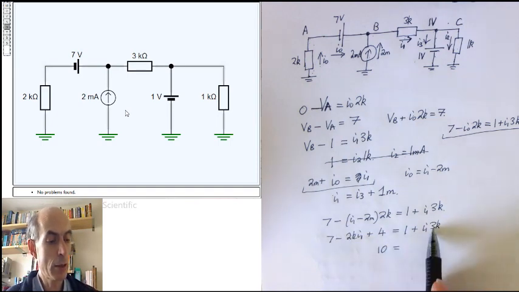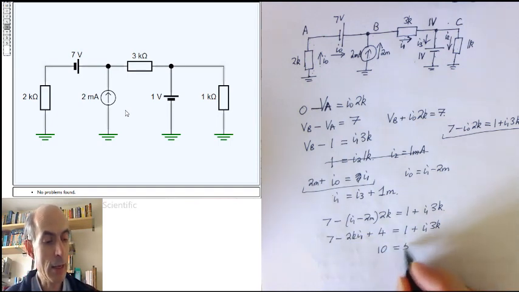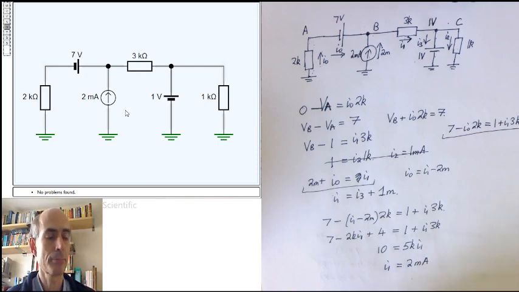Move this over to here, we would get 5K times I1, and therefore I1 is equal to 2 milliamps. That's the kind of nice round number that makes you think you've probably got it right. At least if this was a real exam question. If this was a real circuit, then the chances of you getting a nice round number like that, pretty minimal.